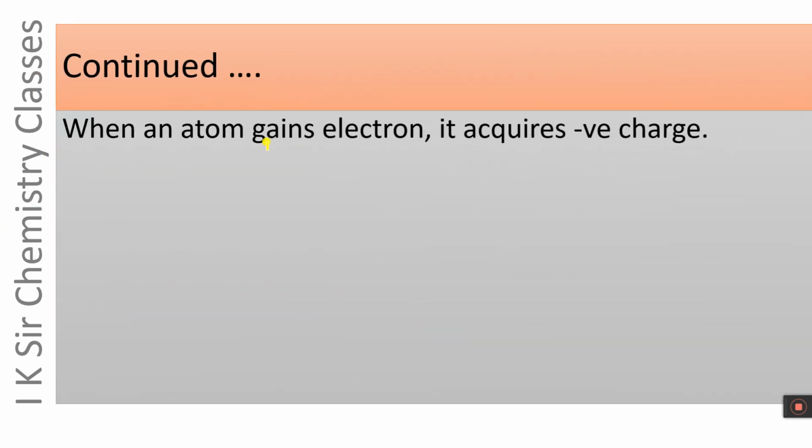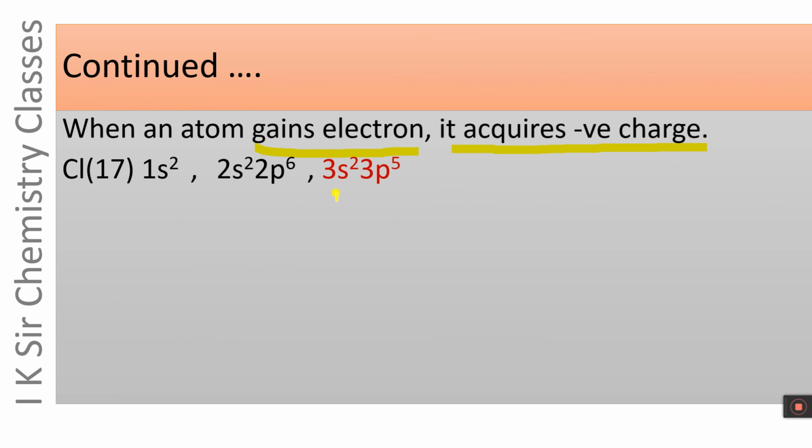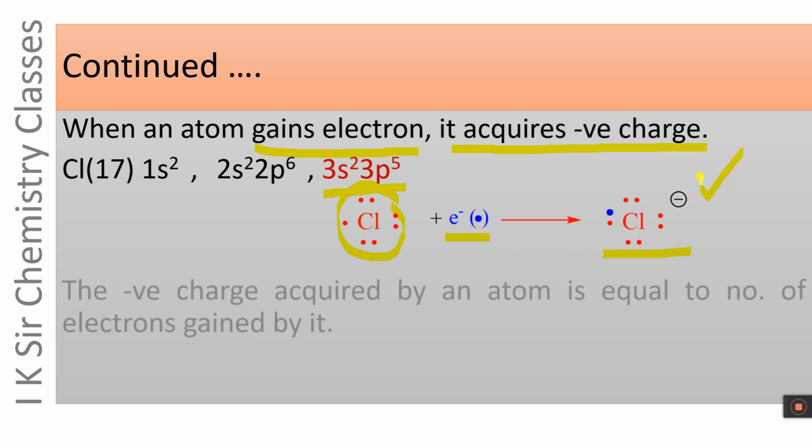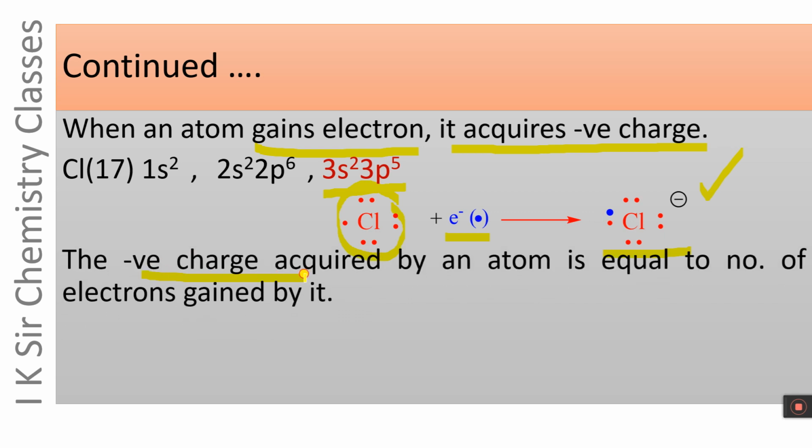When an atom gains electron, it acquires negative charge. For example, chlorine atom has 7 valence electrons. If chlorine atom having 7 valence electrons gains 1 electron, it acquires negative charge. The negative charge acquired by an atom is equal to number of electrons gained by it.